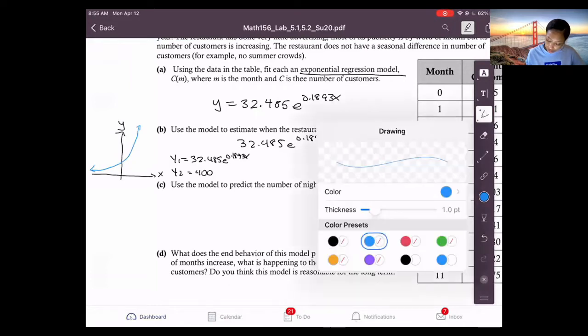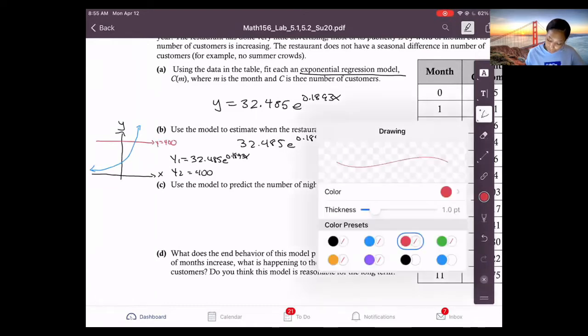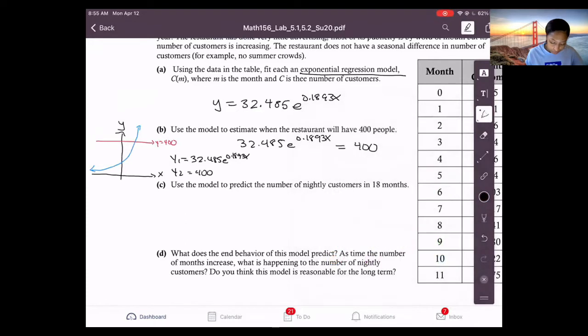And then we had a horizontal line here, y equals 400. And we got that this intersection point was at about 13.2 comma 400. Okay, so what does this tell us? After about 13 months, the number of customers will be 400 people.